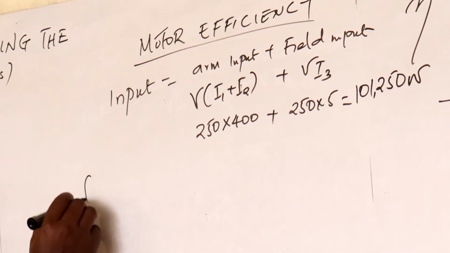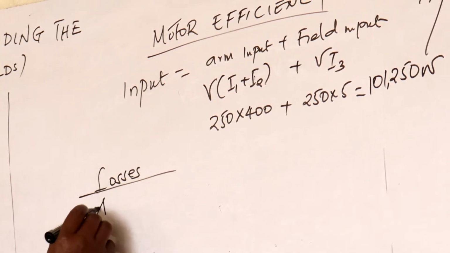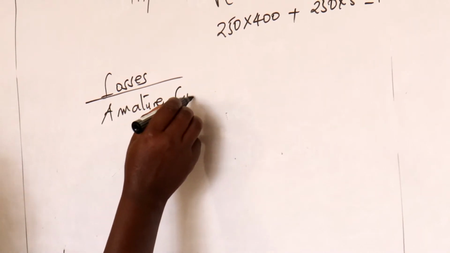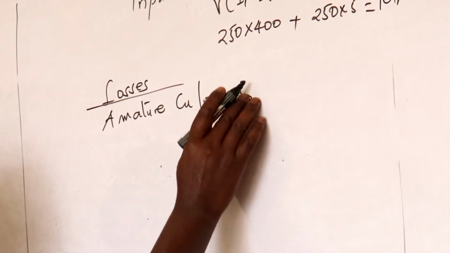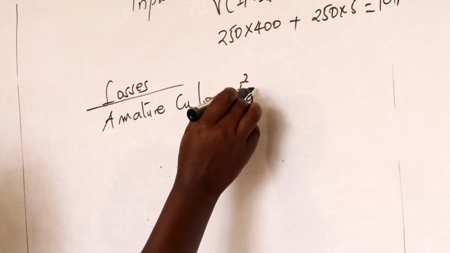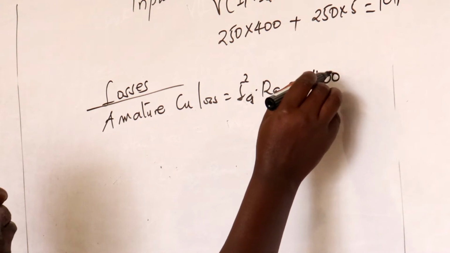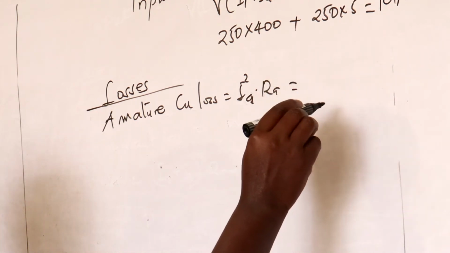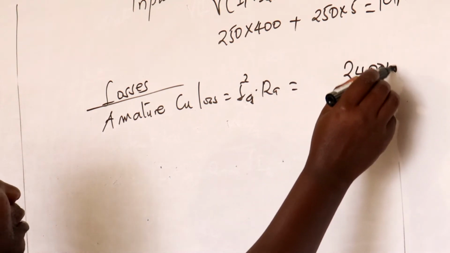Then we get to the losses. The first loss is the armature copper loss, IA squared RA. That is 400 squared times 0.15; we have this, we are not repeating. It is 2400.